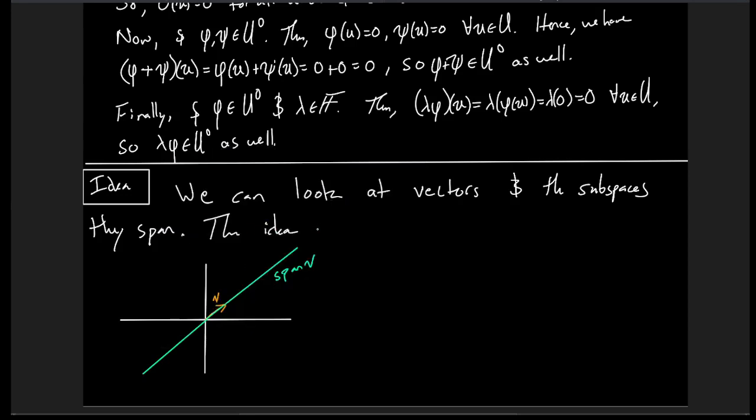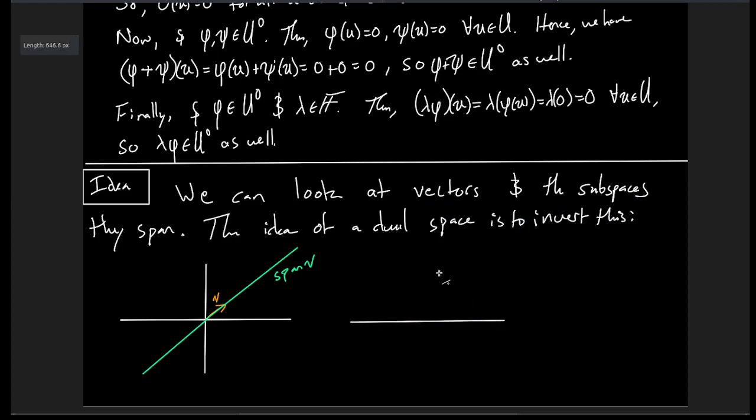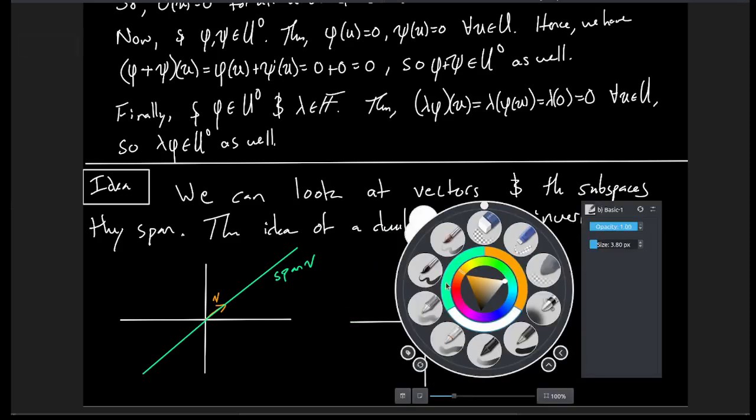Okay, cool. Here's the idea of dual spaces. The idea of a dual space is to invert this. So here's the picture now, and I will try to explain why this is what we're doing. Here's the gist.